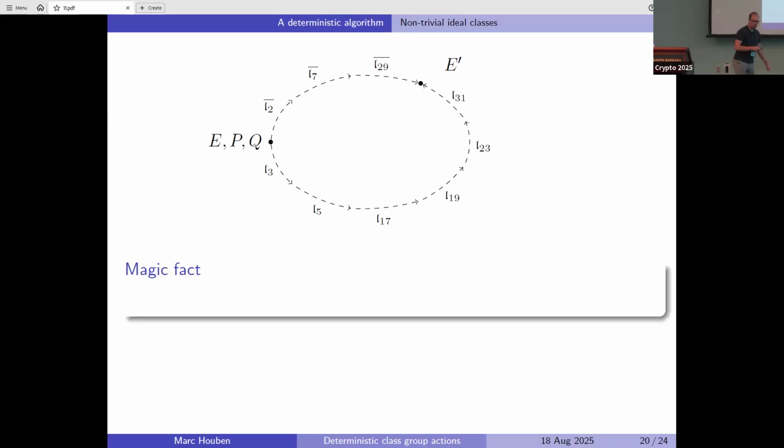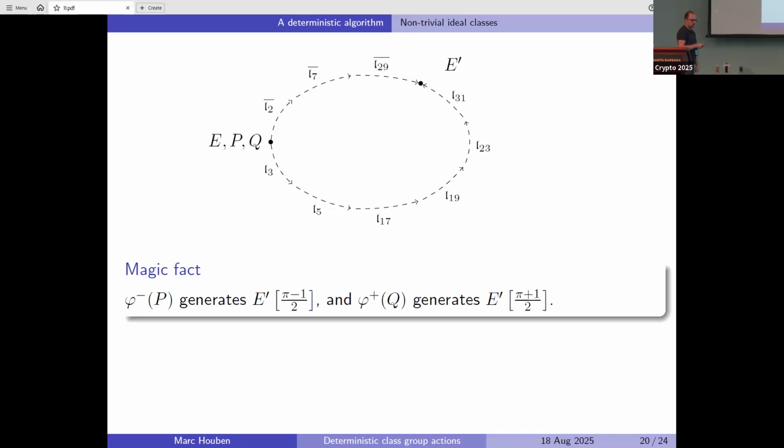This is the main theorem of the paper, even though you might not agree that this deserves the word theorem. If you look at the isogeny going counterclockwise, or okay, the first one I've written down here is the other way around.